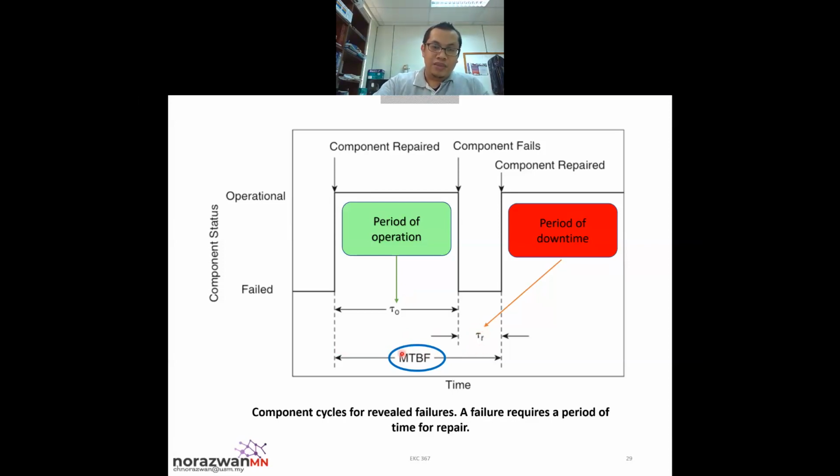So your MTBF is the period of operation plus your period of downtime, because this is the mean time between failures, before another failure occurs. So this is MTBF, tau node, and also tau r.